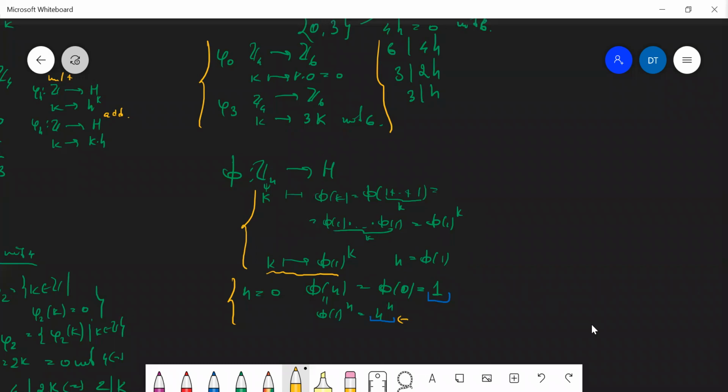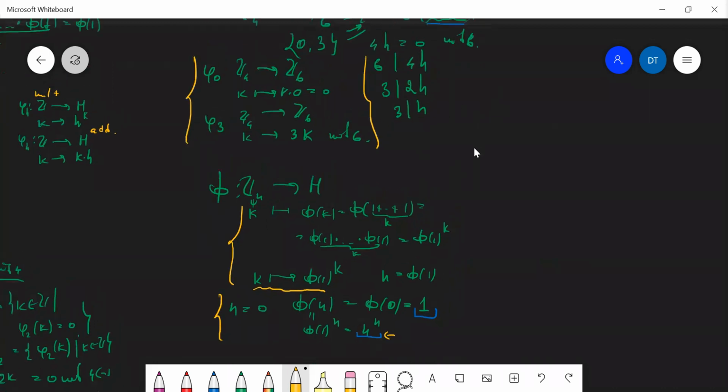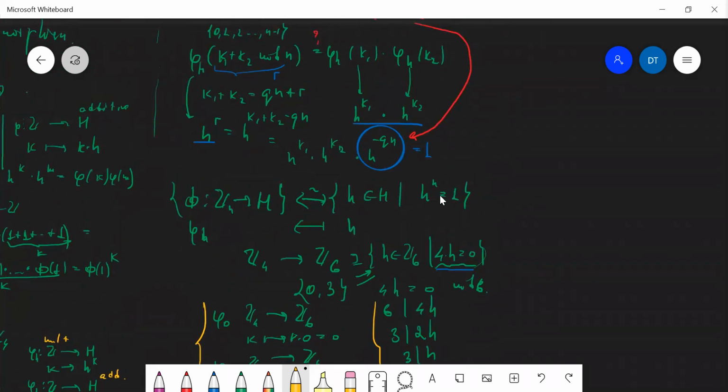Okay, why do we need the second part with n equals 0? Yes, because you see, what did I show you in the first part of this box? I showed you that for this homomorphism, I have found some element h from the group H. But here, I want to find an element with this additional restriction.